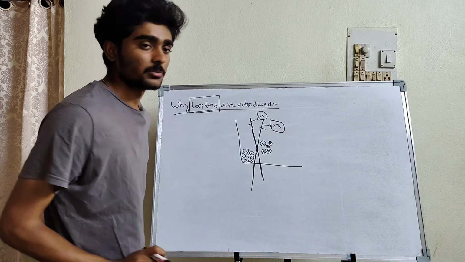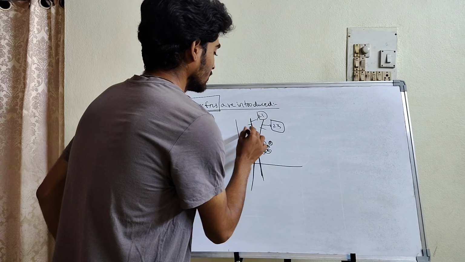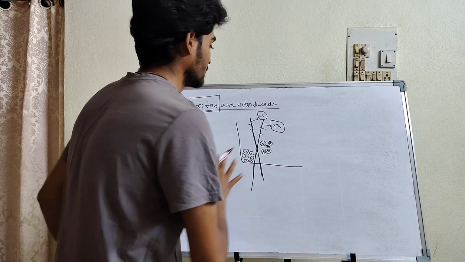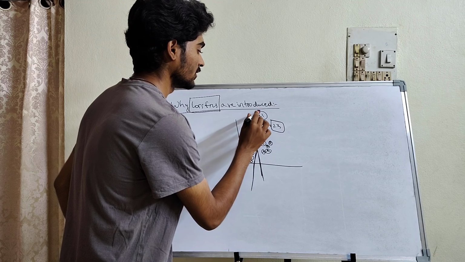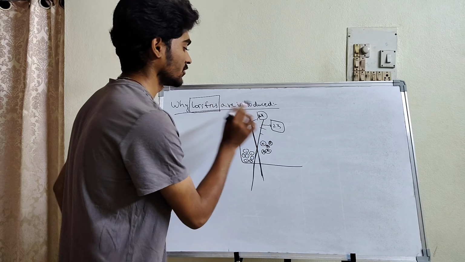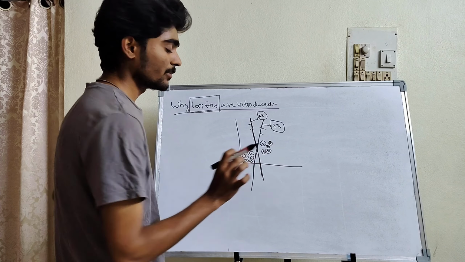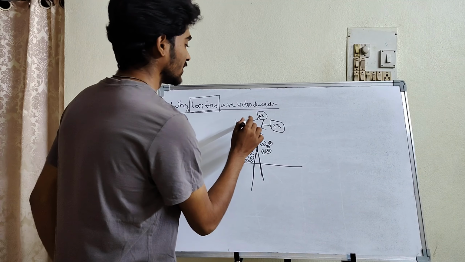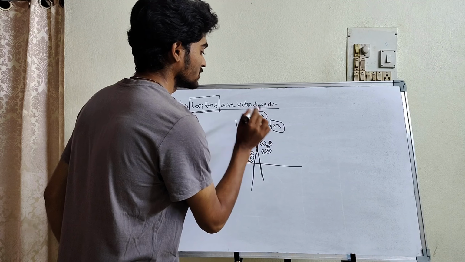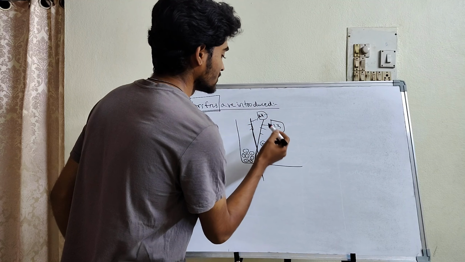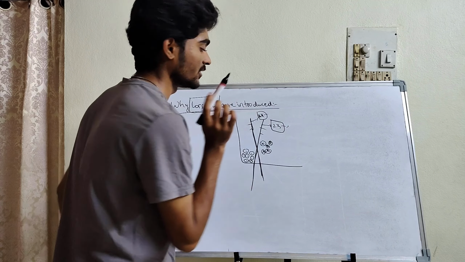Suppose you have two different binary classifier lines. What this loss function does is it assigns a numerical value to each of the binary classifier lines. Let's say for the first binary classifier line it has assigned 21, and for the next binary classifier line it has assigned 23.